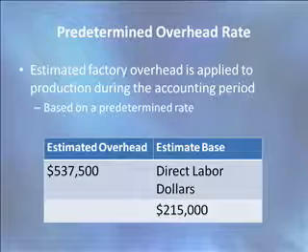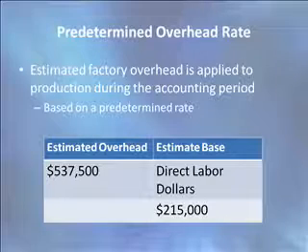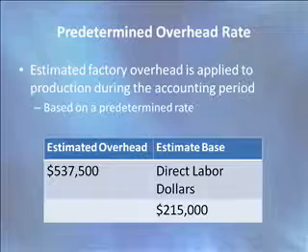Once factory overhead is estimated at the beginning of the accounting period, we have to determine a rate. This rate is then used to apply overhead to products during the accounting period. There are several bases, denominators, to use to determine the rate. Our example uses direct labor dollars. Our estimated overhead is that amount, 537,500, computed earlier.